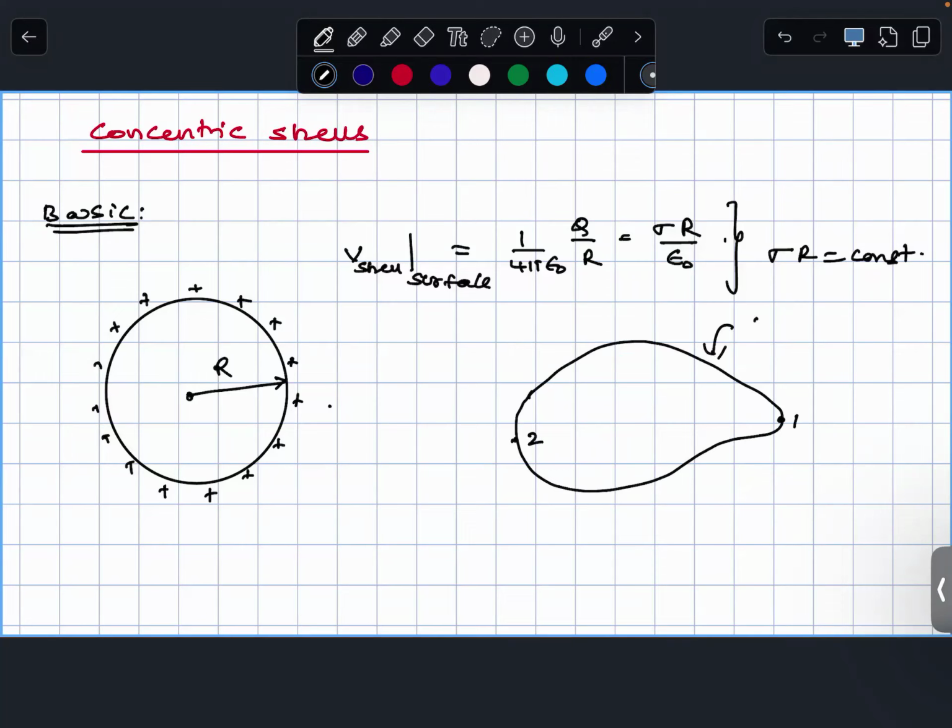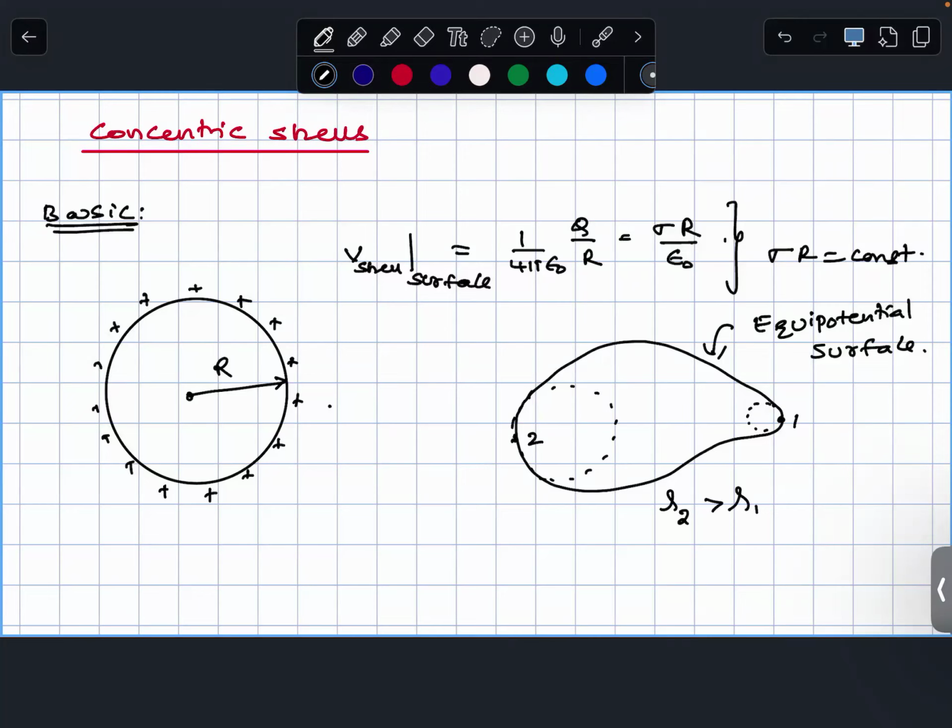The entire thing is an equipotential surface. See, try to understand, the radius of curvature at 2 is greater than the radius of curvature at 1.